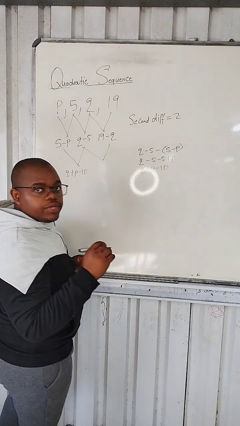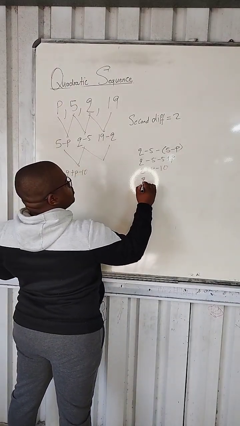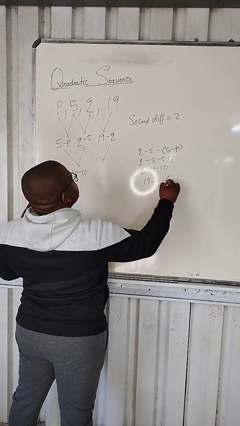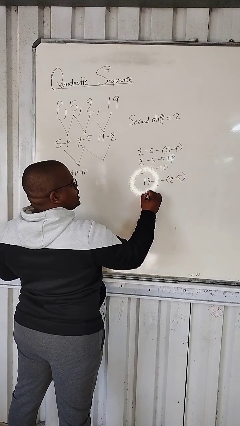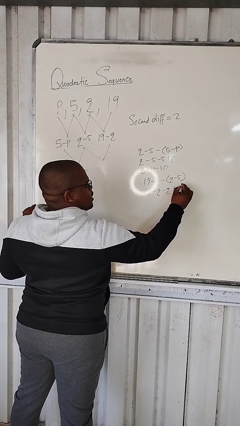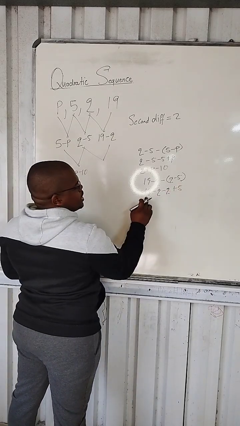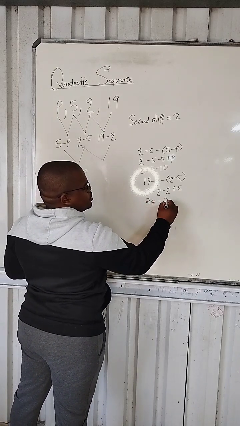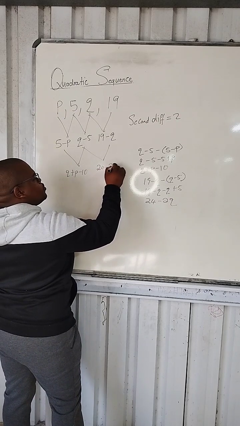Number 2, what do we have? We have these two. Hence, we have 19 minus Q minus open bracket Q minus 5. Now this will be 19 minus Q plus 5. What is 19 plus 5? 24. So we have 24 minus 2Q.